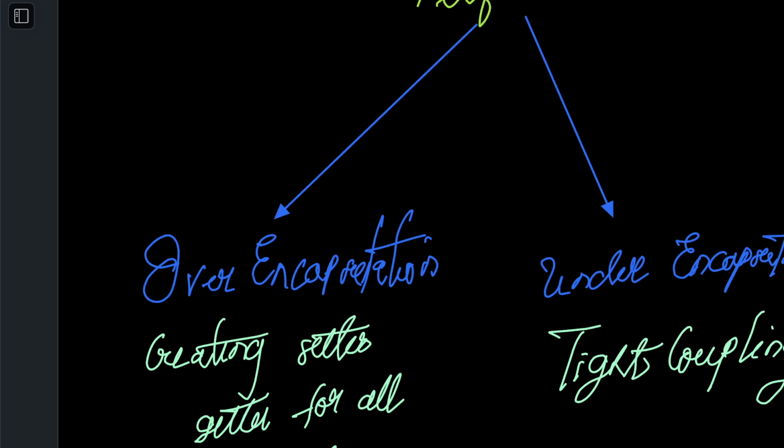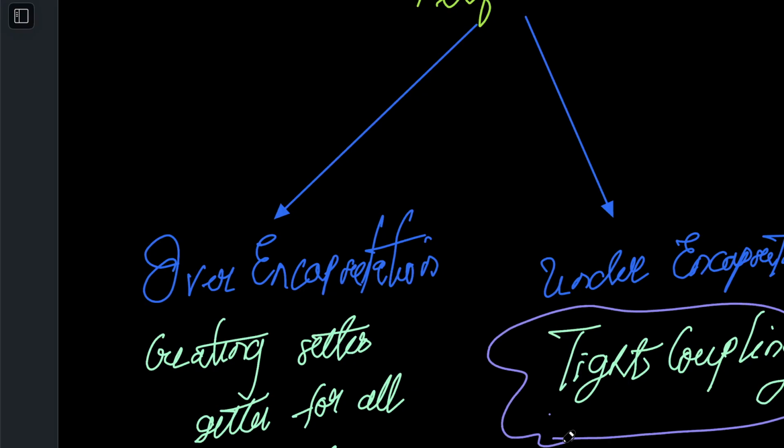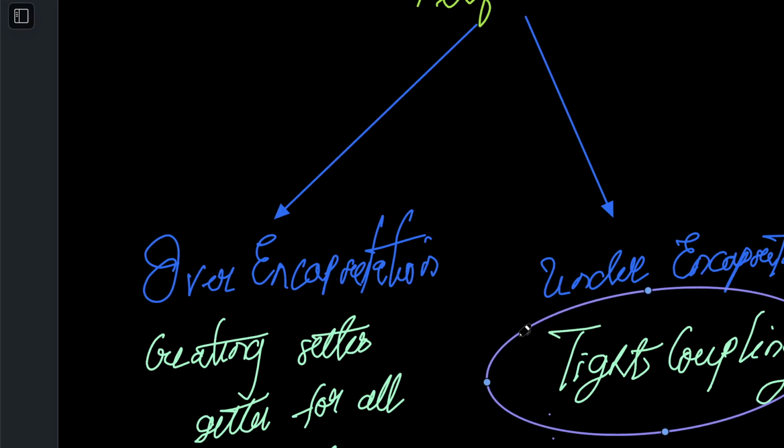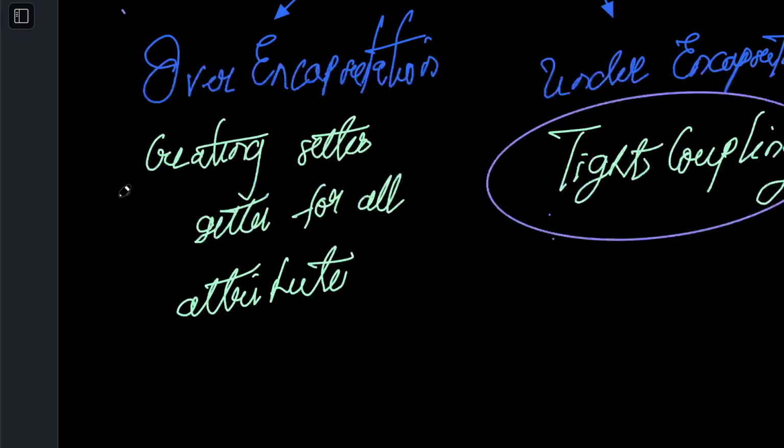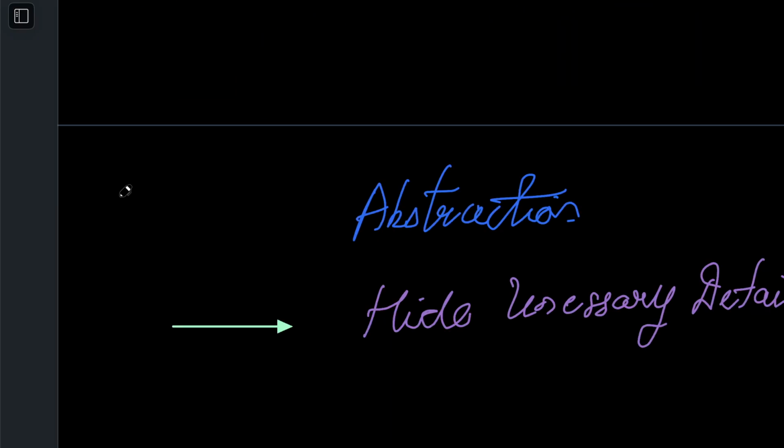Then we are over encapsulating. Under encapsulation leads to something called tight coupling. We'll see what tight coupling is later on. Again, over encapsulation is unnecessarily making a variable private that is not needed.